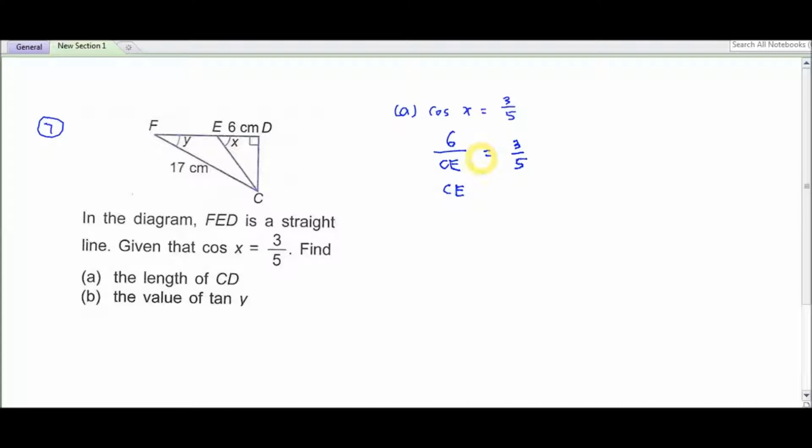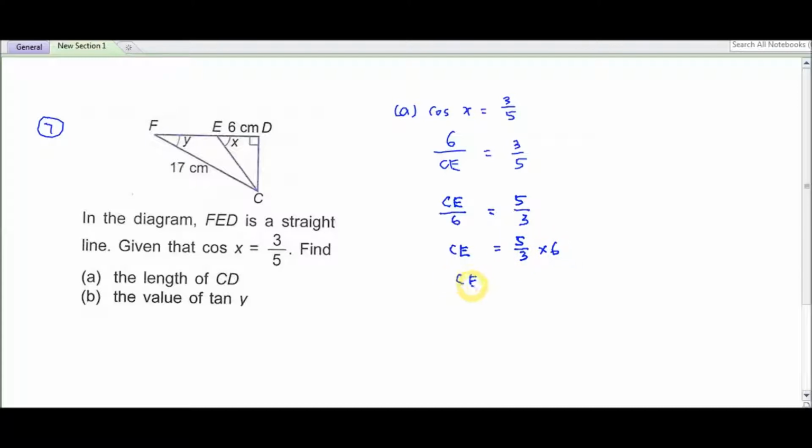CE is actually, okay, I think you can use the cross multiplication method, it's easier. Or maybe you can try this method. Make it CE equals 6, and here it becomes 5 over 3. CE will be equal to 5 over 3 multiplied by 6.